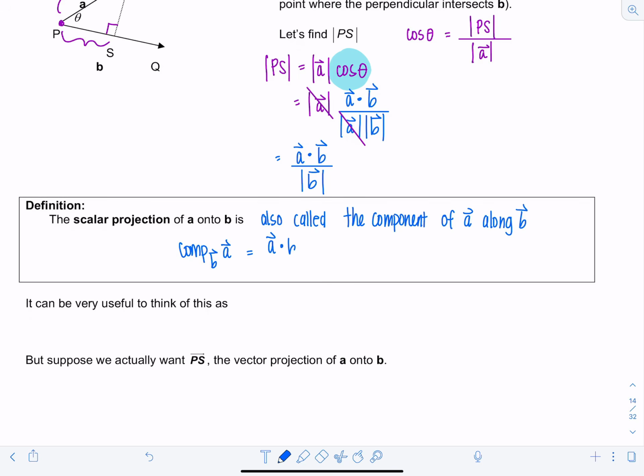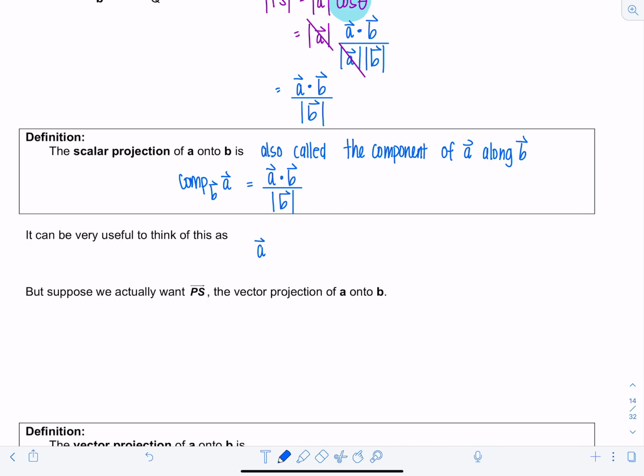It's A dot B divided by magnitude of B. It can be useful to just think of, you take A and then you dot it with B divided by its magnitude, if you like.